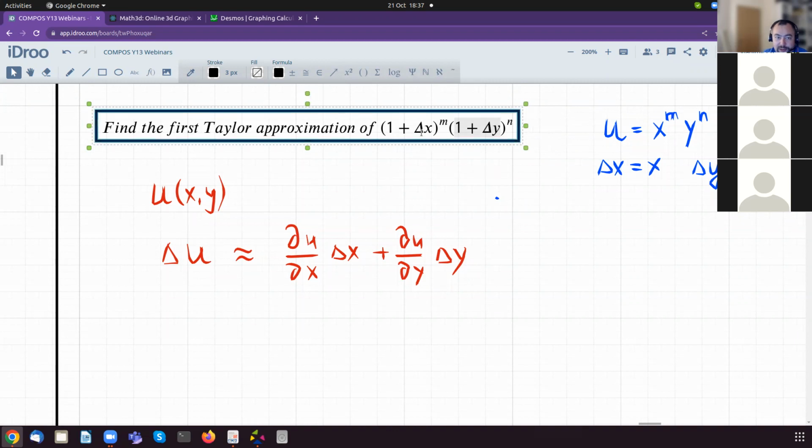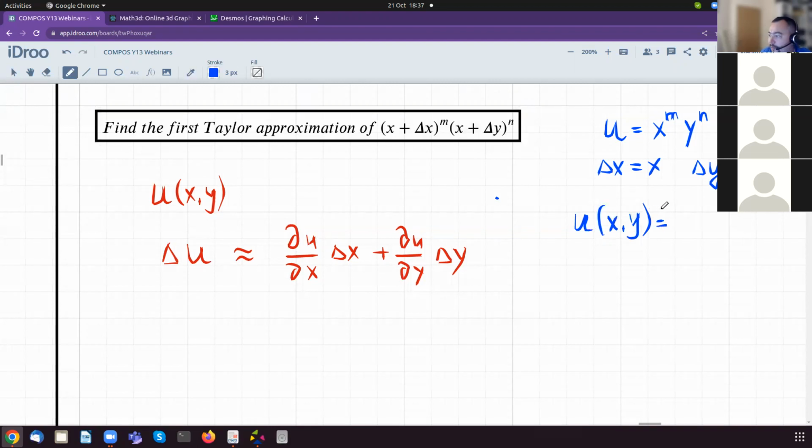This is what we actually mean. And this is x. And this is x. And the function u of x, y is equal to x to the power m, y to the power n. I've already mentioned that before.